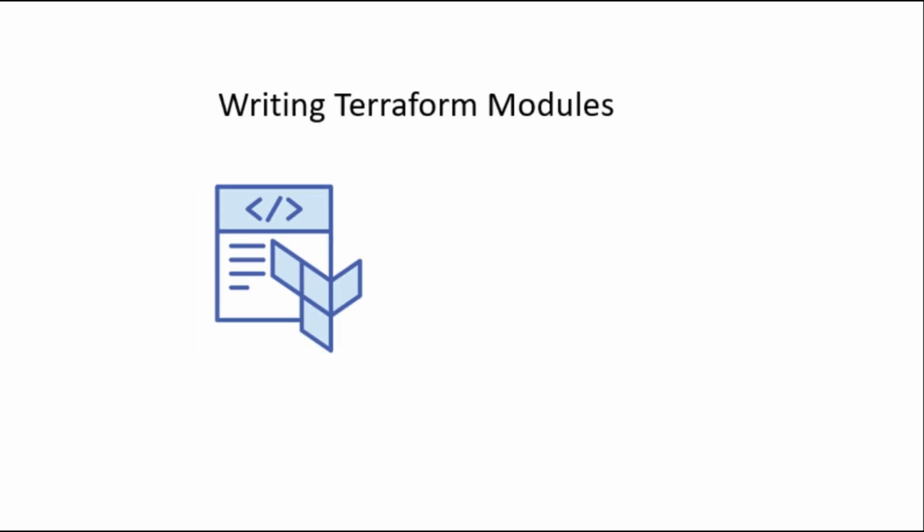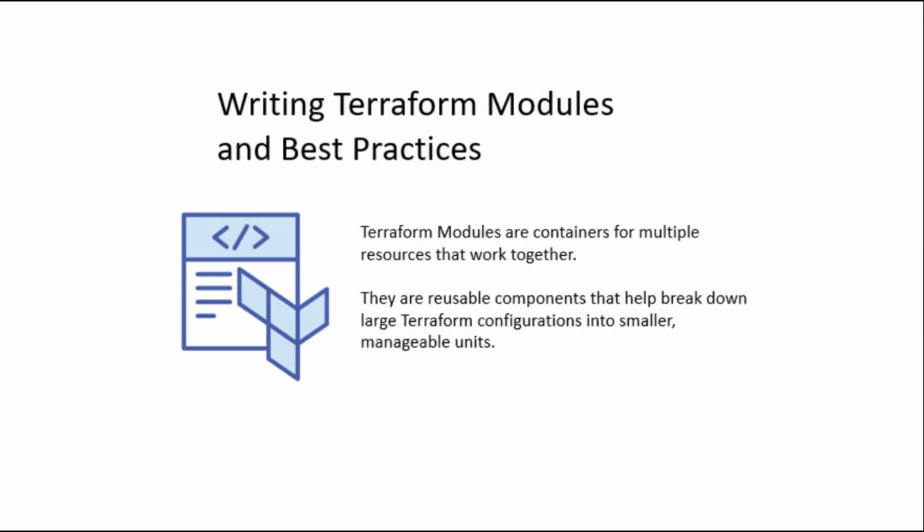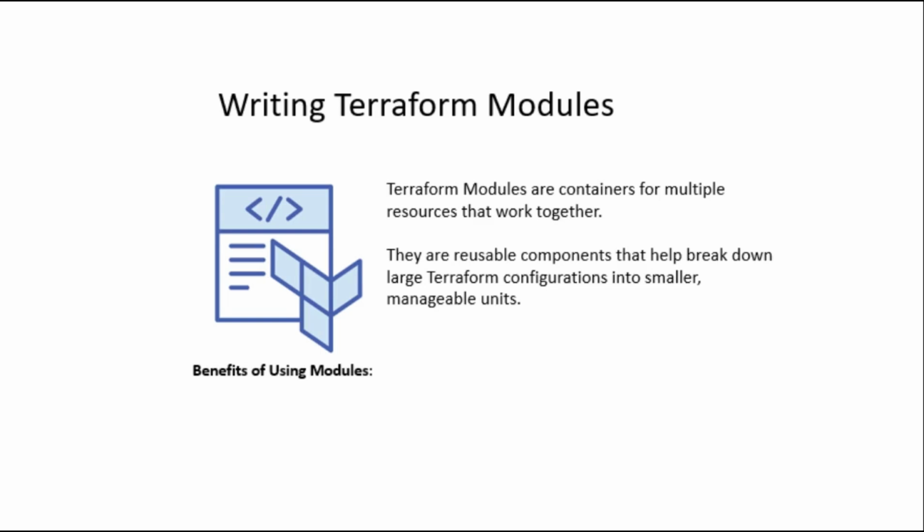Writing Terraform modules. Terraform modules are containers for multiple resources that work together. They are reusable components that help break down large Terraform configurations into smaller, manageable units. Benefits of using modules. 1. Reusability.